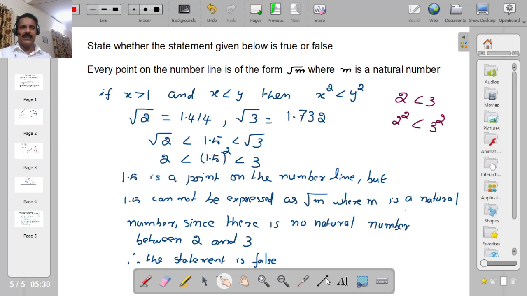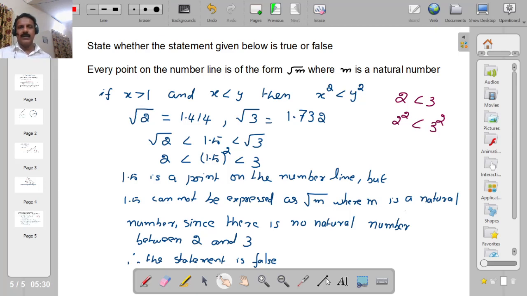Intuitively, we feel that this statement is false. Why? Because 0.5 is a real number, but 0.5 cannot be expressed as the square root of a natural number. We know that square root of 0.25 is equal to 0.5, and we know 0.25 is not a natural number.